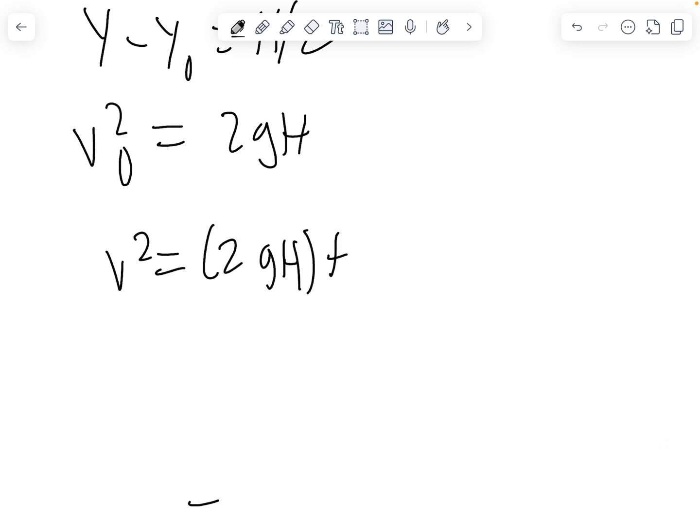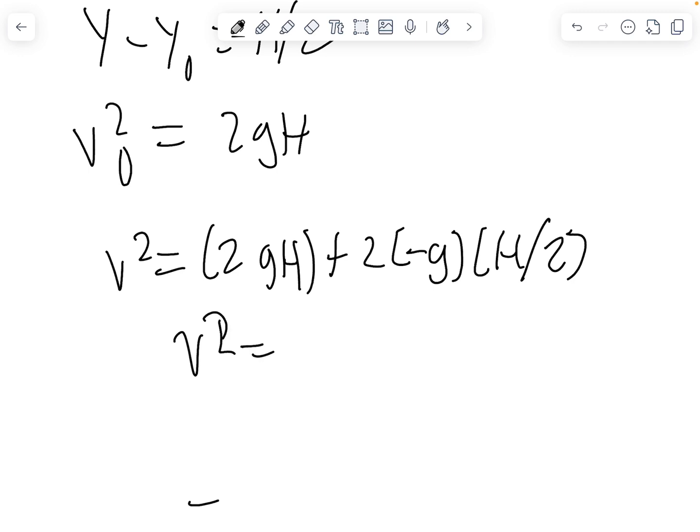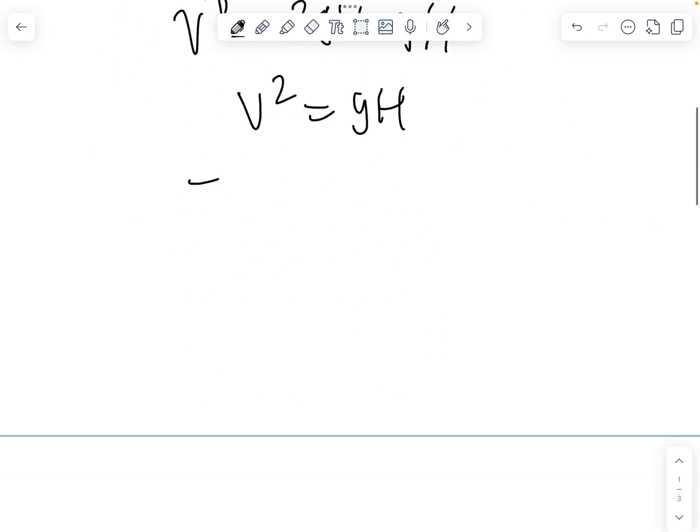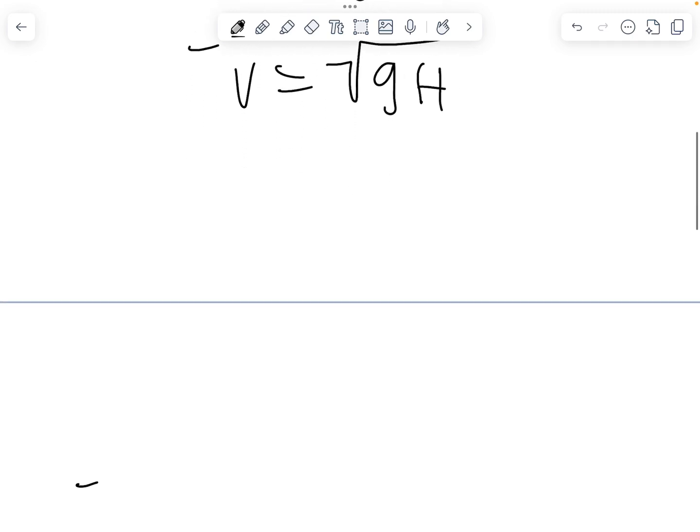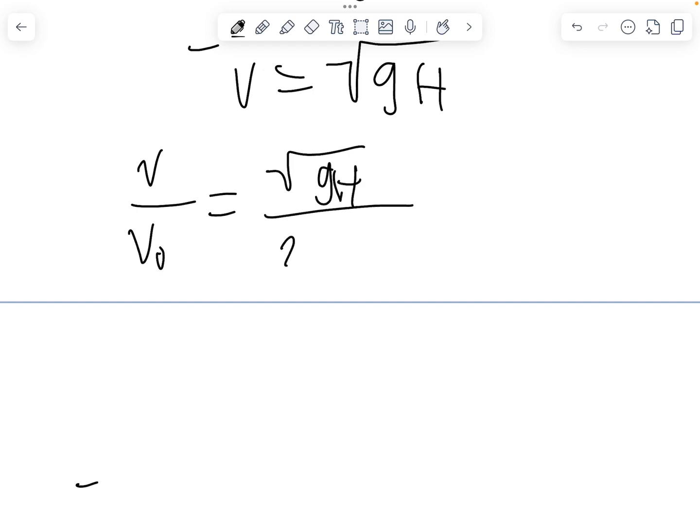Let me just put that on. Okay, so we're going to simplify it to be v squared equals 2gh minus gh, which equals gh. Then we're going to square root both sides, so v equals the square root of gh. To find this as a fraction, v over the initial velocity, which would be this equation.